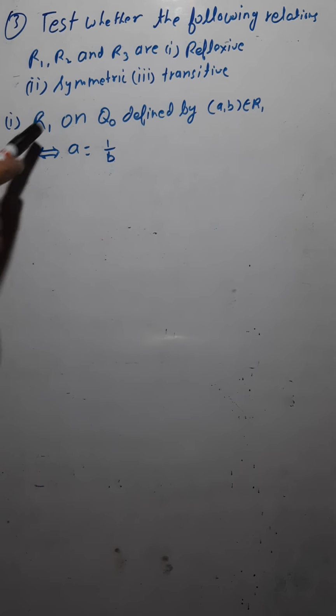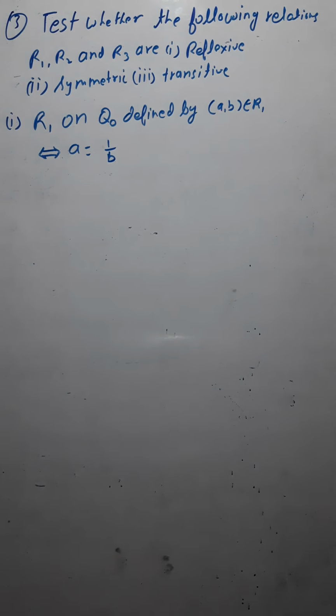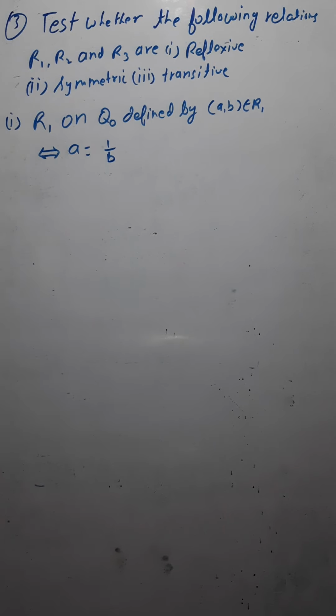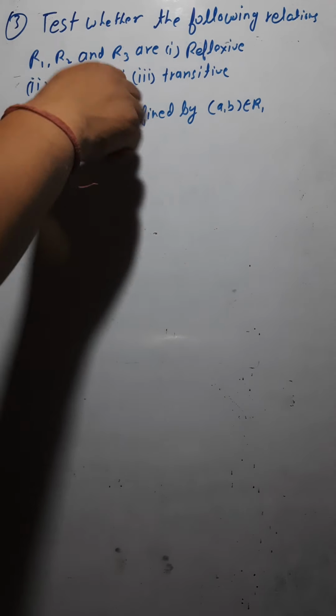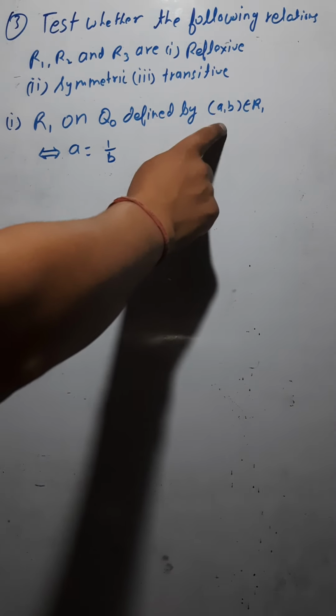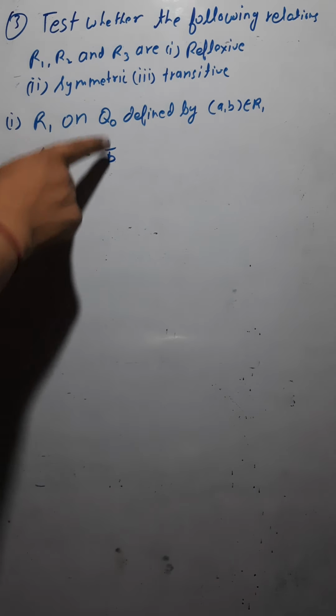R1 on Q0 is defined by: AB belongs to R1 if and only if A equals 1 by B. This is the condition given here. The relation is on the set of rational numbers excluding 0, but the ordered pair can exist in the relation only if this condition is followed, meaning A equals 1 by B.